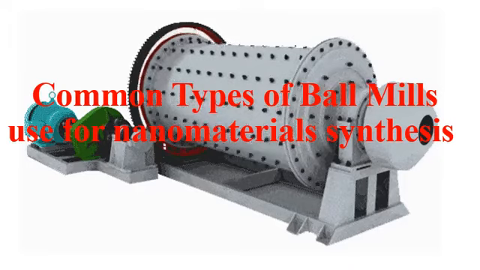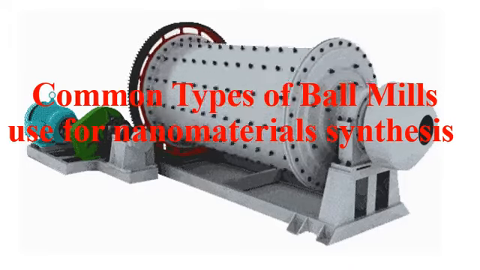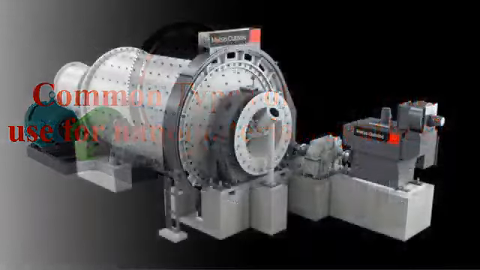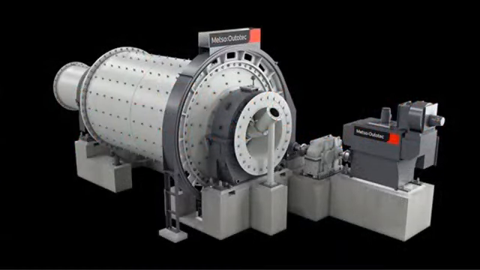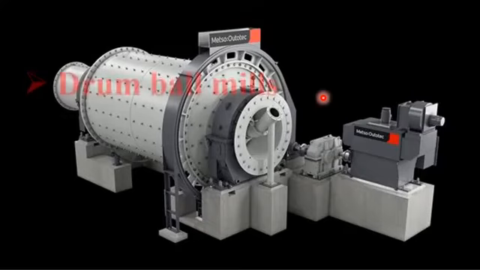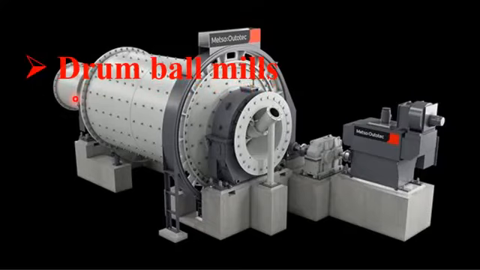So the first type of milling machine used to convert a bulk material into a fine nanomaterial is known as the drum ball mill machine.